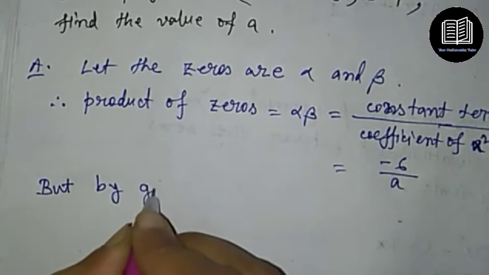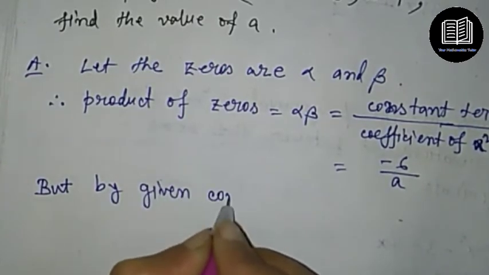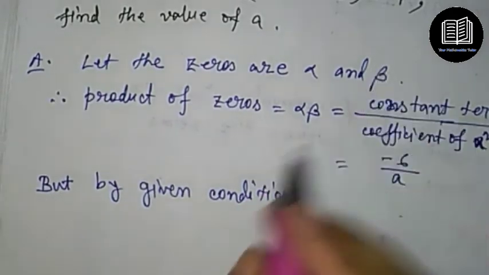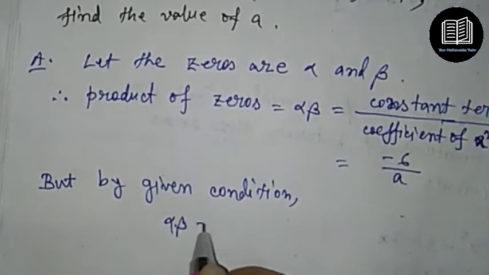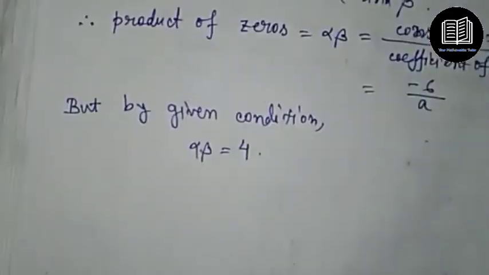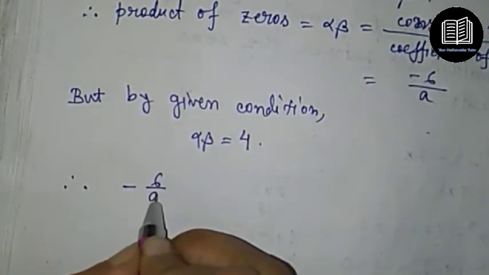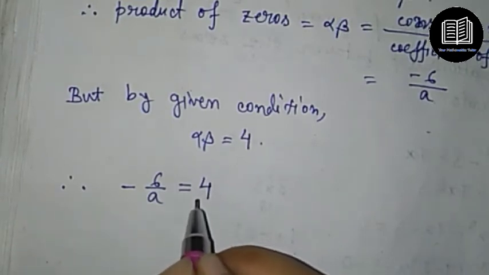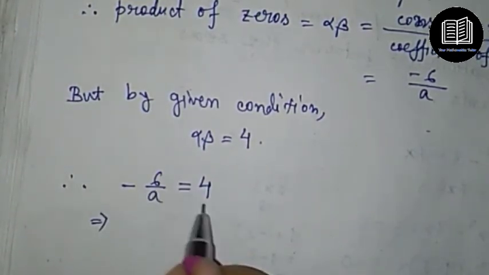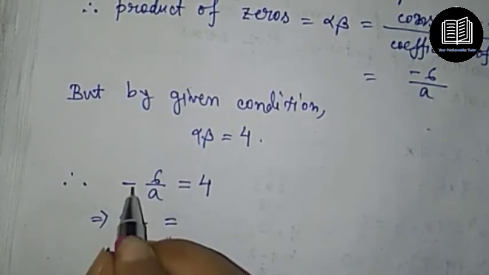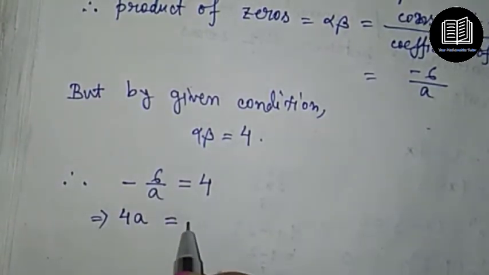Okay, but by the given condition in the question, the product is 4. That means alpha beta equals 4. It is given. So minus 6 by a equals 4. Right? By cross multiplication, 4 multiply a, that is 4a, minus 6 multiply 1, that is minus 6.